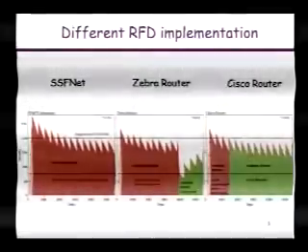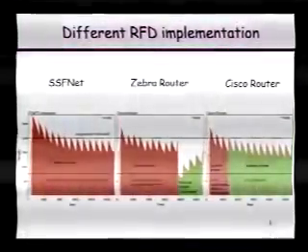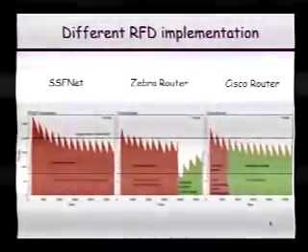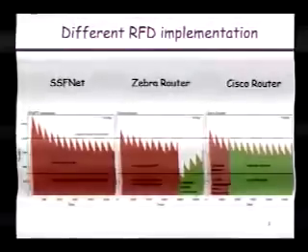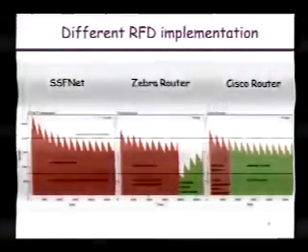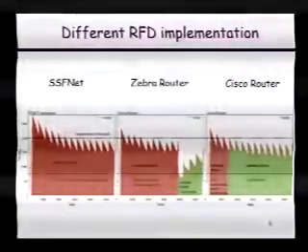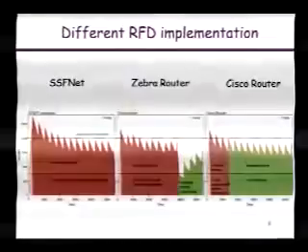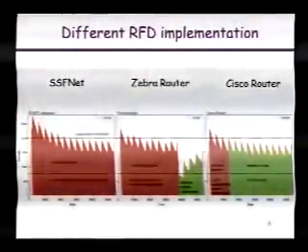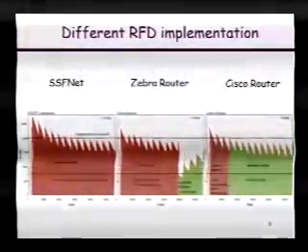The Zebra router and the Cisco router behave very differently when we launch the same dampening attack. That suggests that maybe in our testbed we should include more vendors' products, so we can make it as realistic as possible.